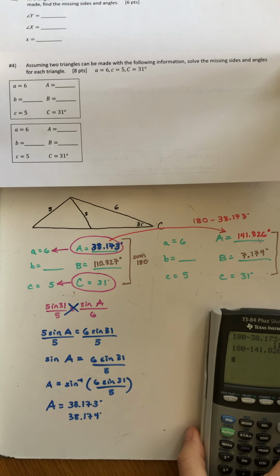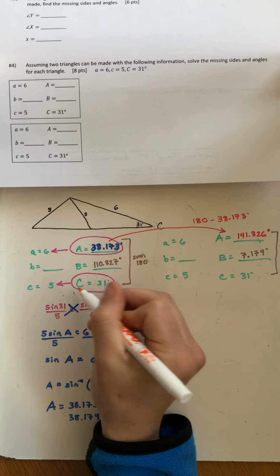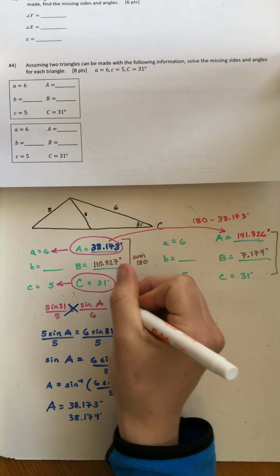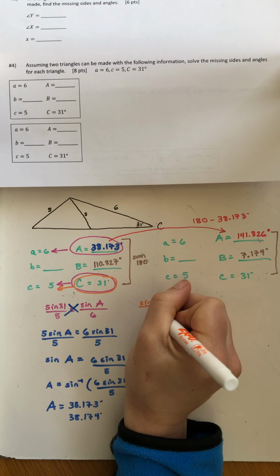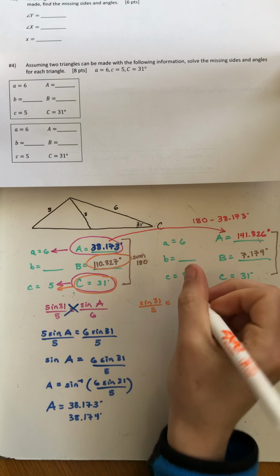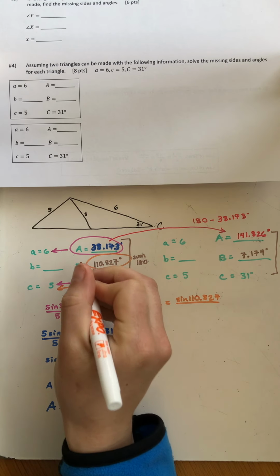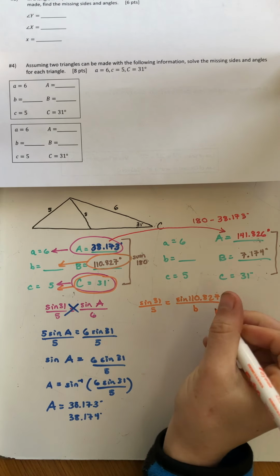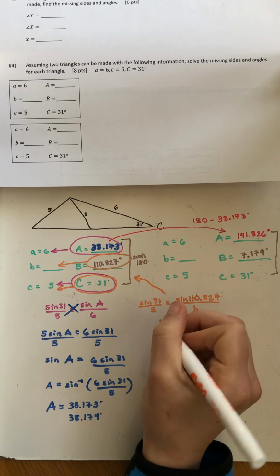Now to find side B. So to find side B, I would normally use the law of sines. I would take the ratio that's already given to me here. I have sine 31 over 5 equals the sine of 110 over what I'm trying to find, which is little b. So this is for finding little b in this first triangle.